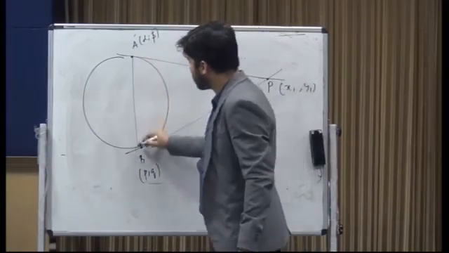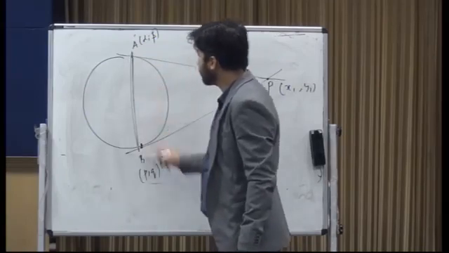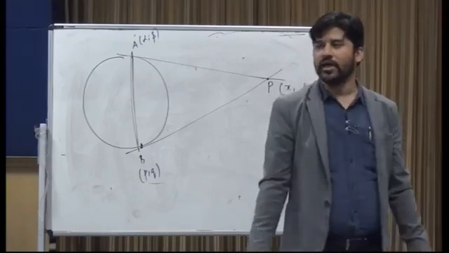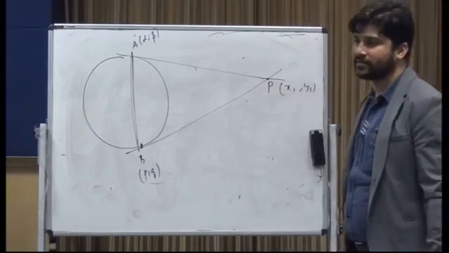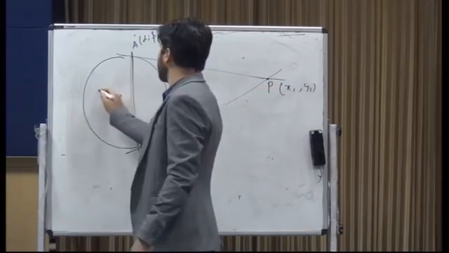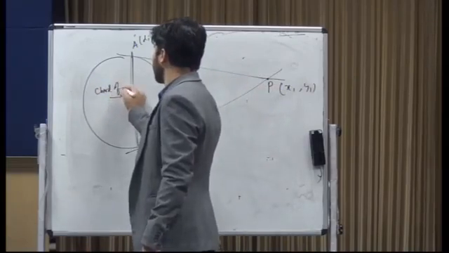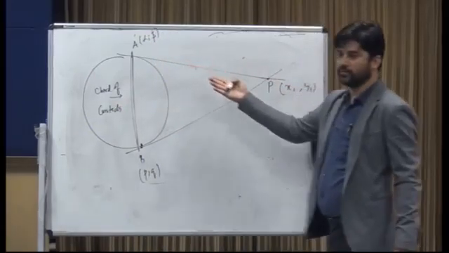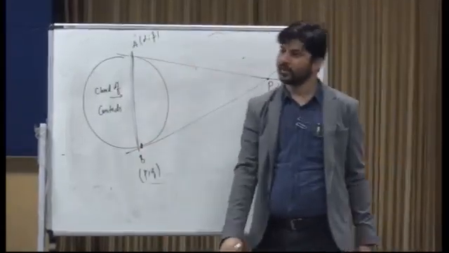Now what is this? It's basically a chord and we have a special name, chord of contact. You draw two tangents from this point P. So these are the contacts, right?